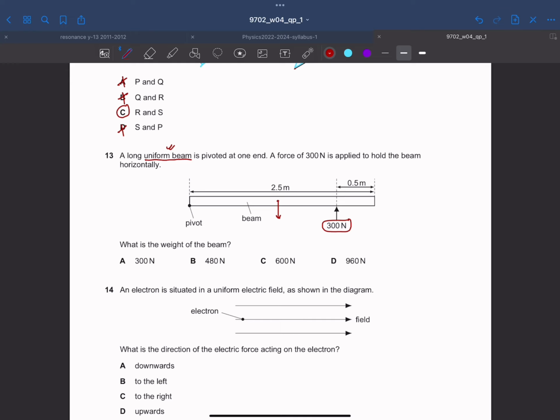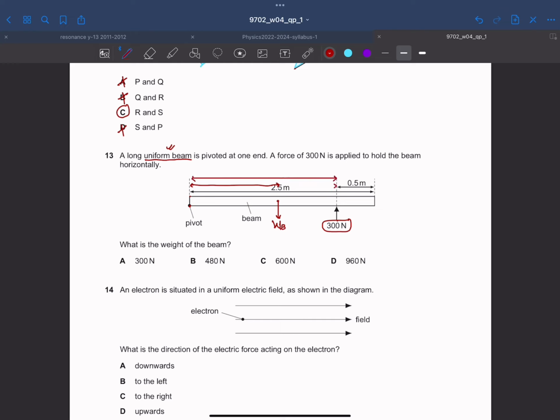So the weight of the beam is somewhere here, at a distance from the pivot. We have to consider only this distance for the weight, the perpendicular distance. So be careful.